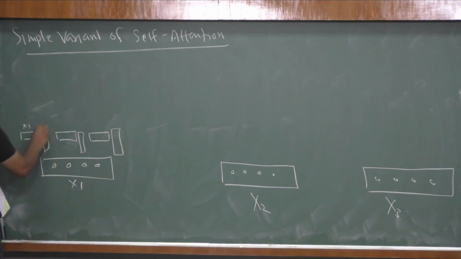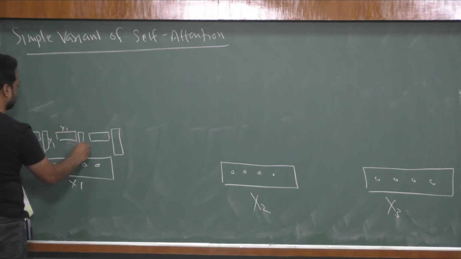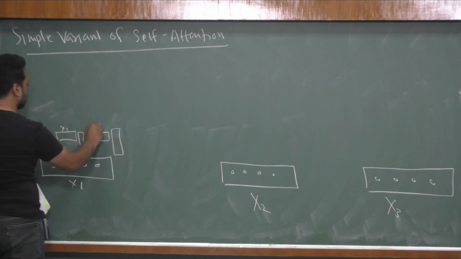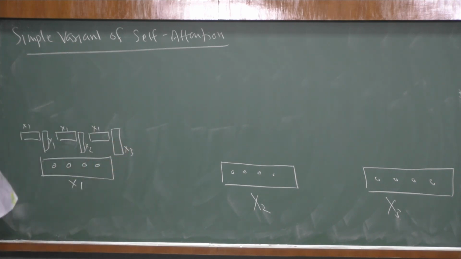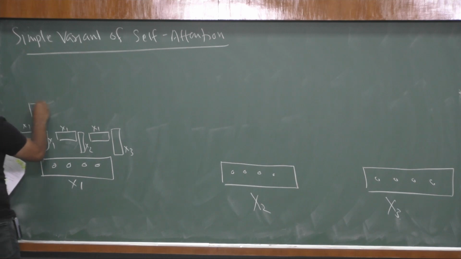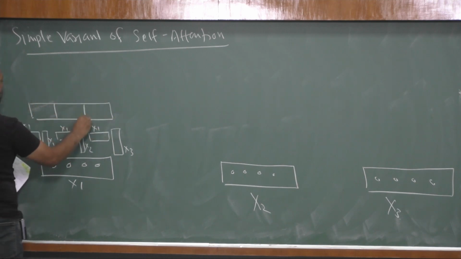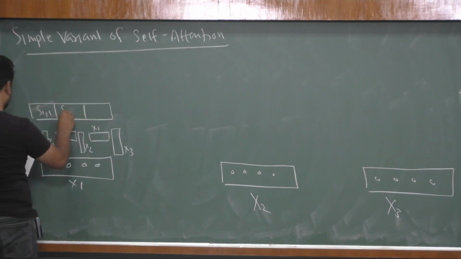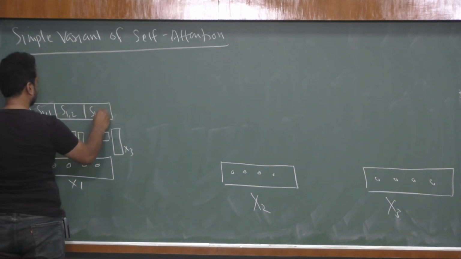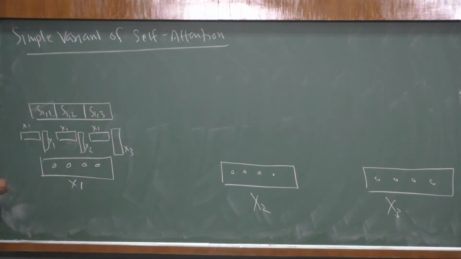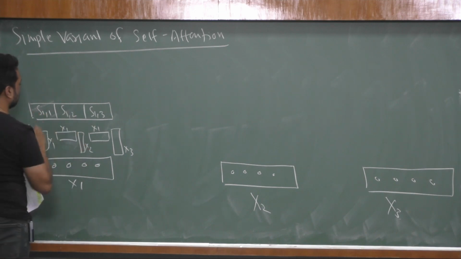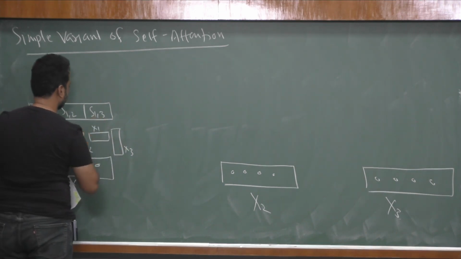This is x1 with x1, x1 with x2, and x1 with x3. That gives me scores: x1 dotted with x1 gives me s11, x1 dotted with x2 gives me s12, and x1 dotted with x3 gives me s13.